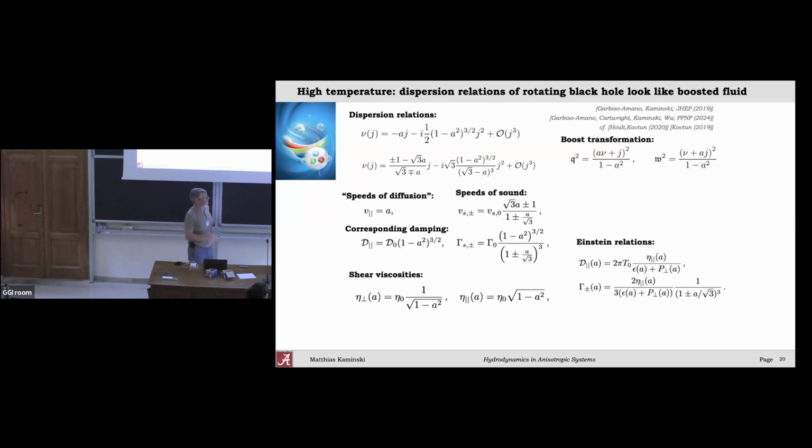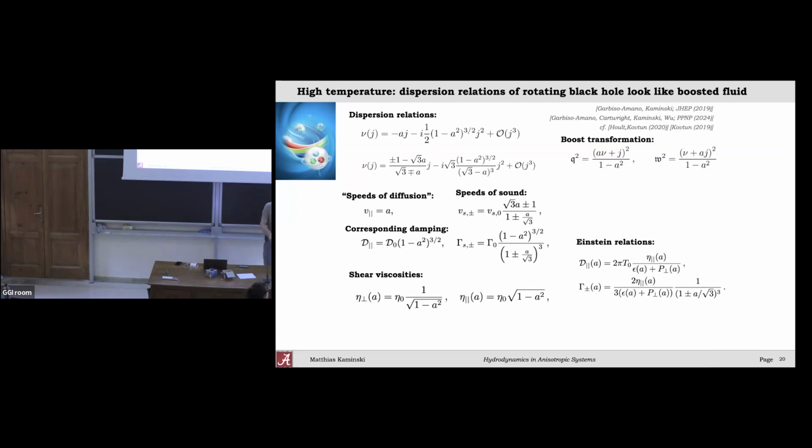The point here that I wanted to make is similar to the shear viscosities, which I showed initially. So that's the equation that you asked earlier about. There are similar relations involving such Lorentz factors involving how fast my fluid is rotating, involved in the diffusion coefficient parallel to the rotation axis.